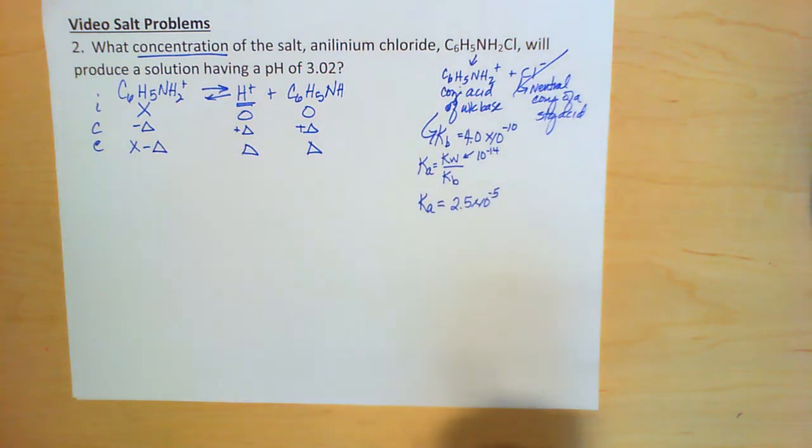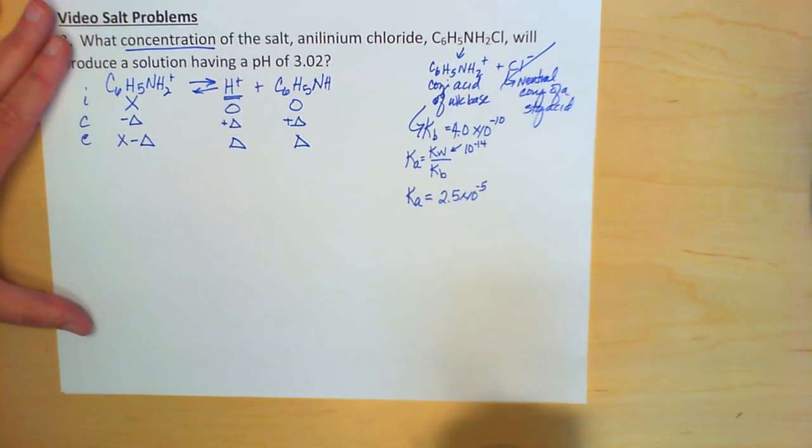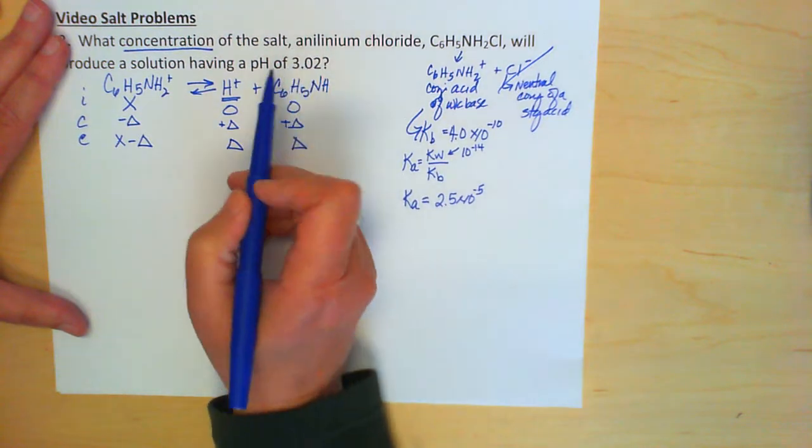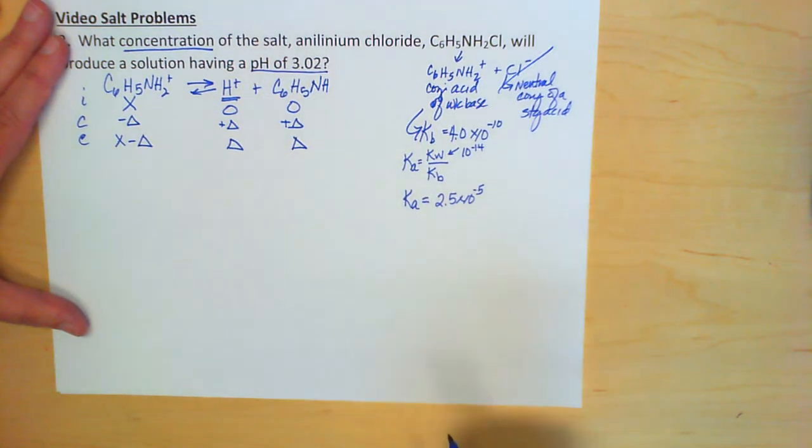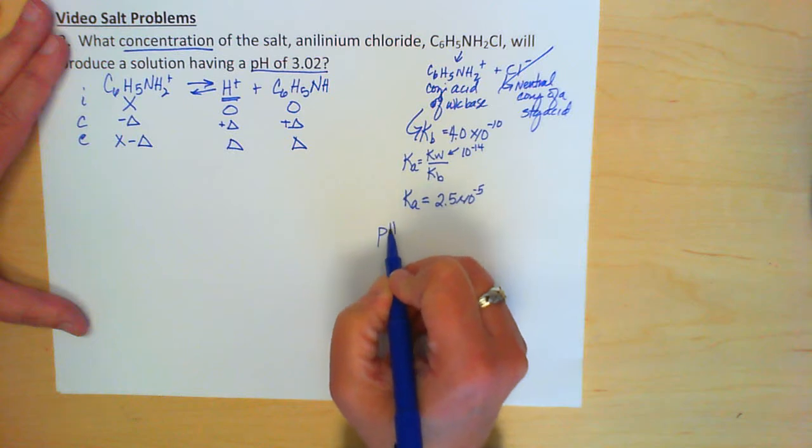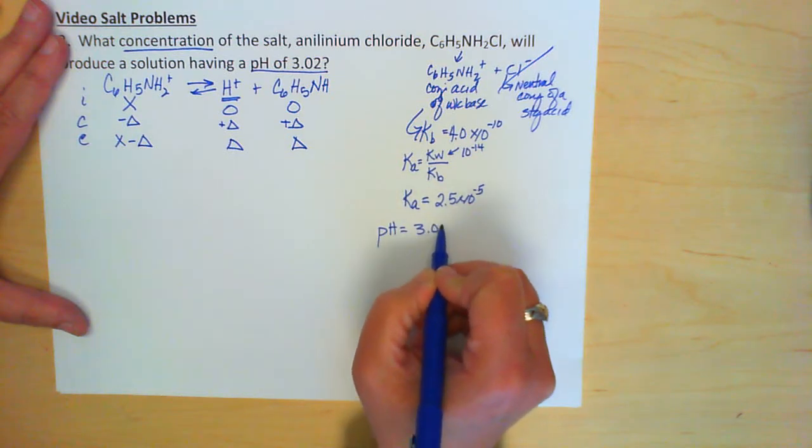Now, wait a minute. We've got two unknowns, and we only have one equation, so we only need one unknown. So let's go look at what we have and see if we have additional information. And yes, we do. We know that our pH is equal to 3.02.